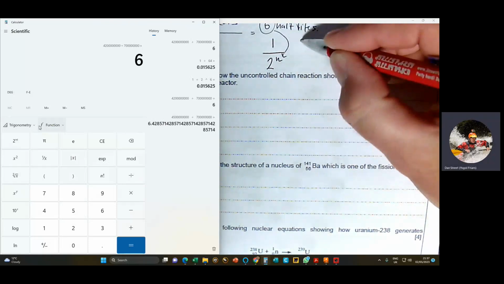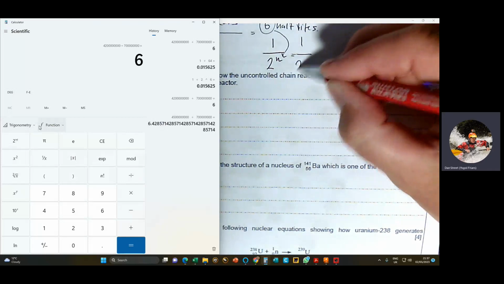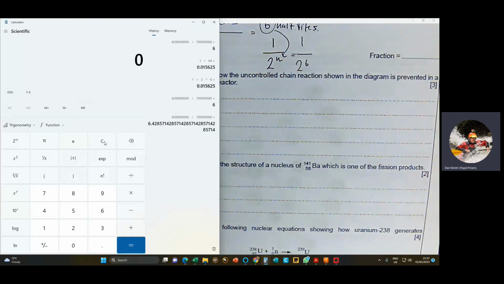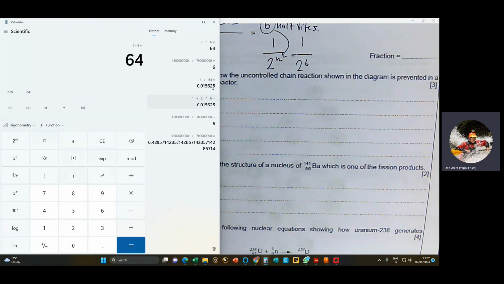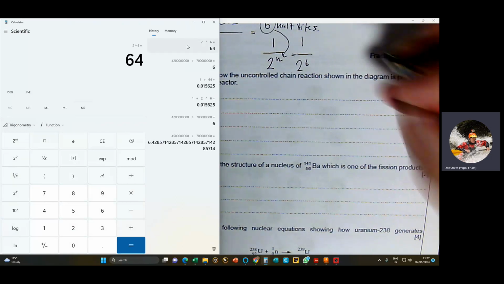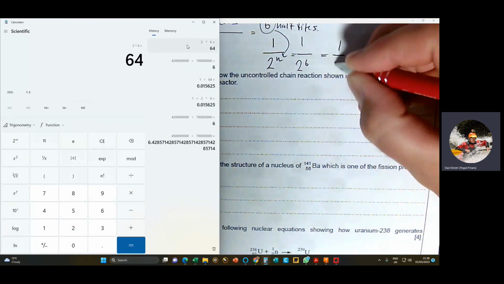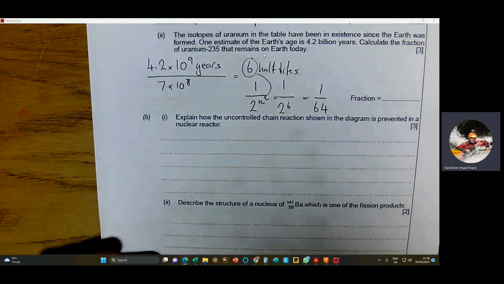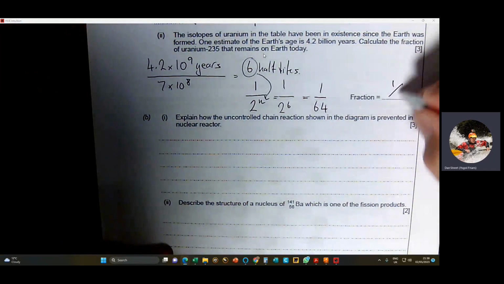So that's 1 divided by 2 to the power 6. 2 to the power 6 is 64, so that's 2 times 2 times 2 times 2, 6 times. So that equals a 64th. So a 64th of the original uranium-235 is left on Earth today.